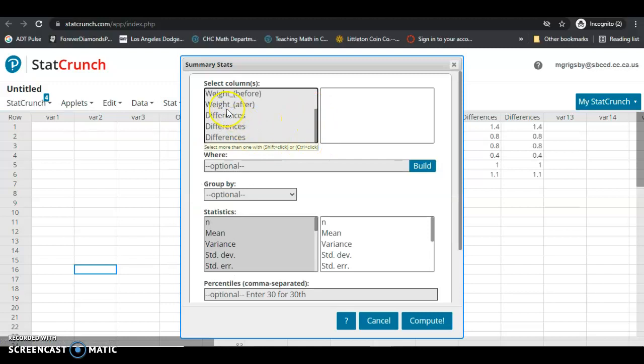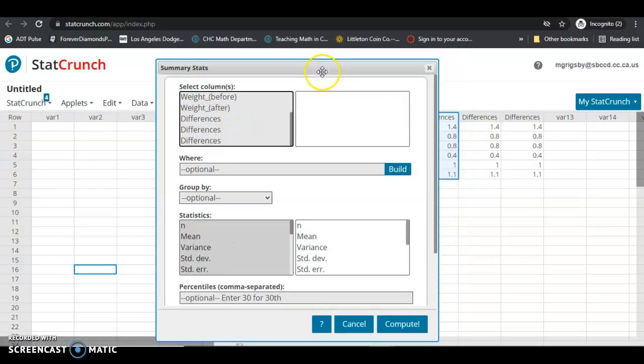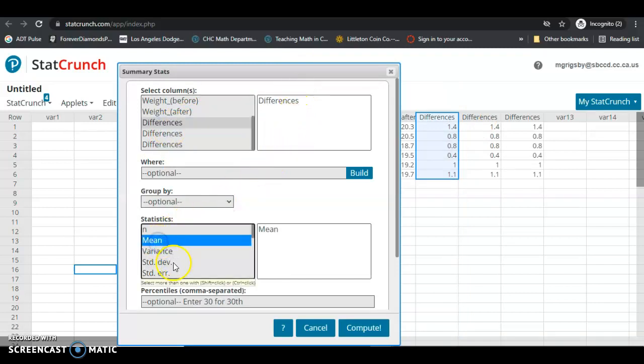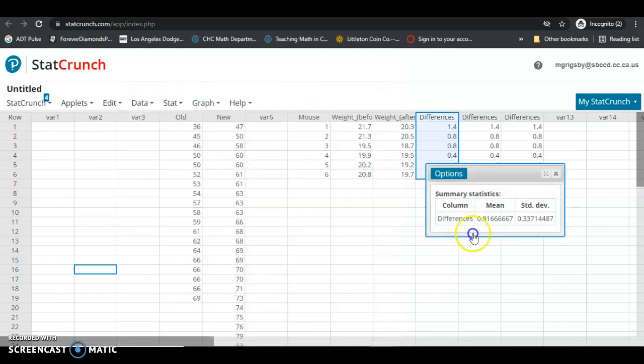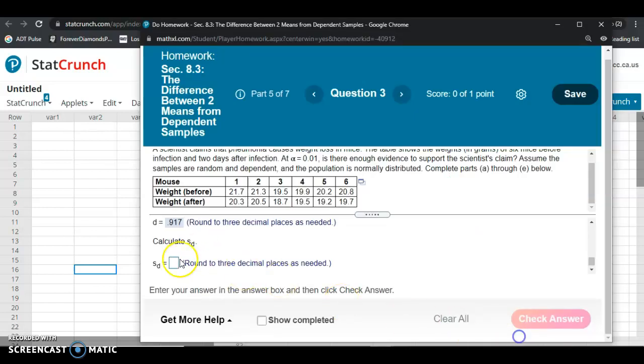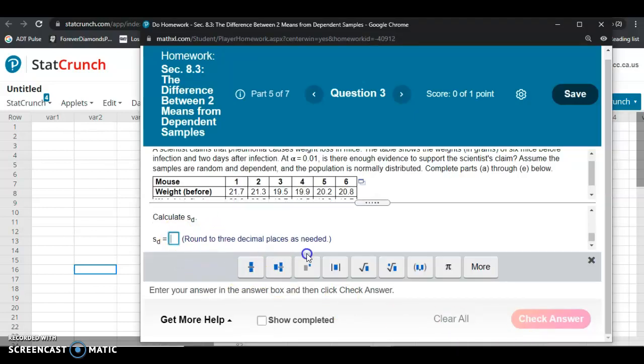We've got 3 copies of those differences, so it doesn't matter which one I select. Let's go ahead and get the mean and standard deviation. The standard deviation we're looking for is 0.337, the standard deviation of these differences.